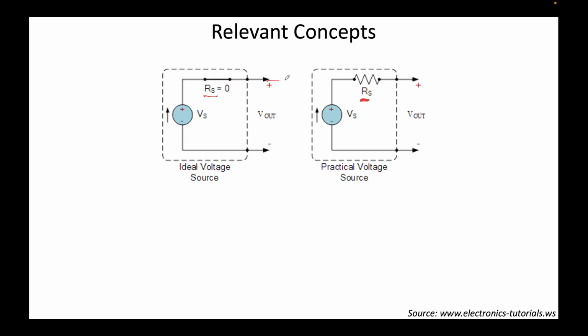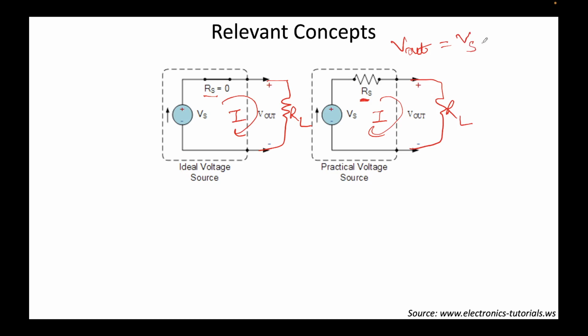Now let's assume that we connect a load RL to both of our voltage sources, and let's also assume that a current I starts to flow in these circuits. Using Kirchhoff's voltage law, we can write that V out equal to Vs minus I times Rs.